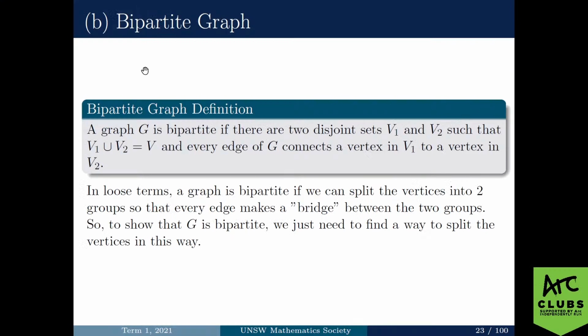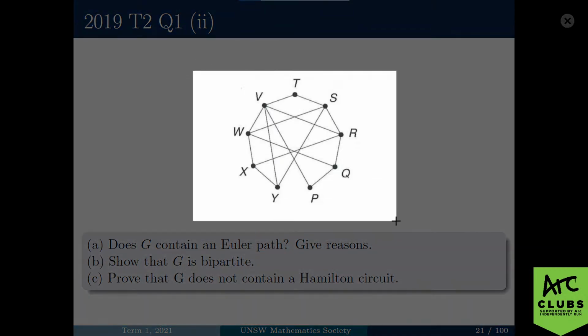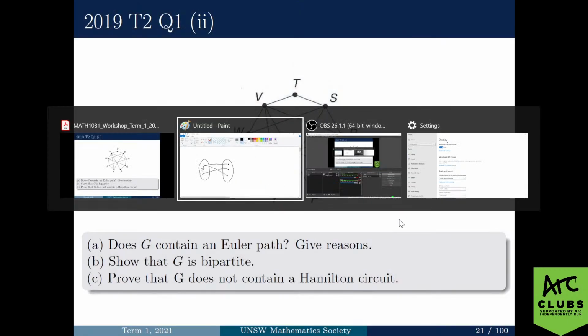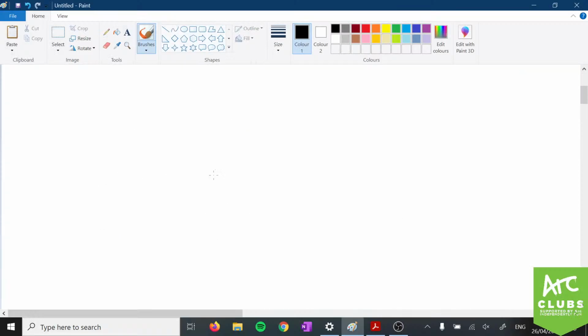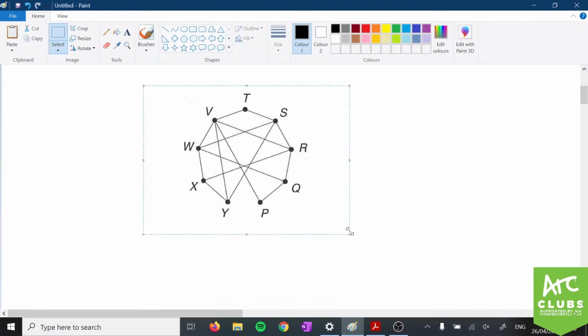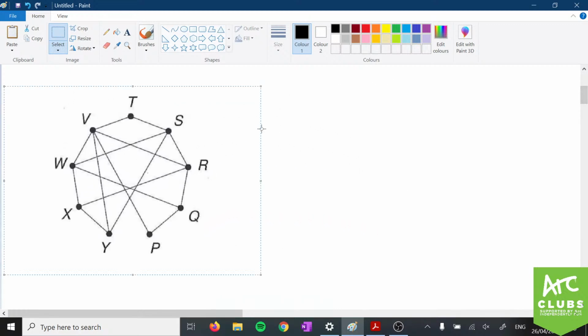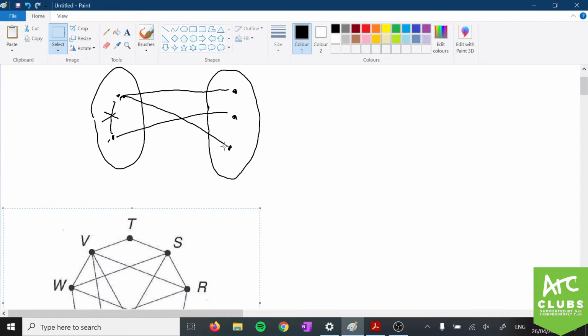I'll copy paste the graph here. So we have to show that this is bipartite, and to do that, we just need to find a way to split the 9 vertices into 2 groups, so that every single edge is a bridge between the 2 groups, just like we see here.